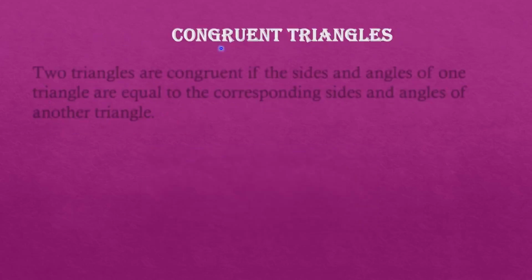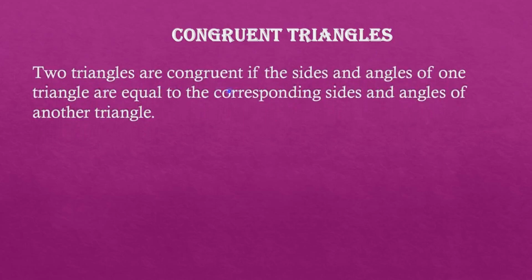Next we are going to study congruent triangles. Congruent means equal. Two triangles are congruent if the sides and angles of one triangle are equal to the corresponding sides and angles of another triangle. So if the sides and angles of one triangle are equal to the sides and angles of another triangle, we can say that the two triangles are congruent triangles.